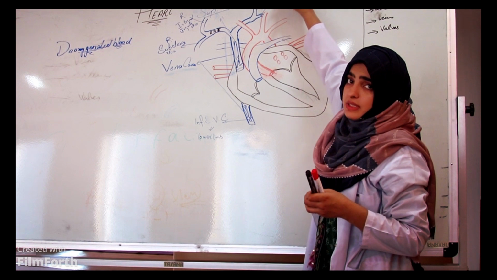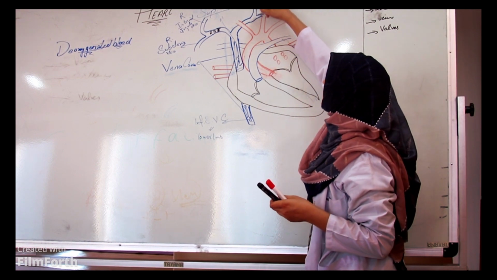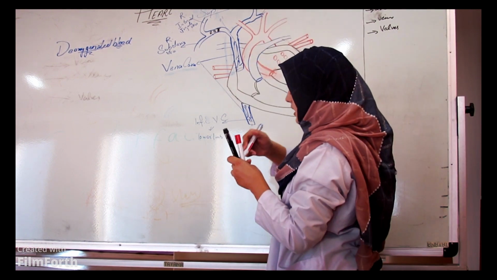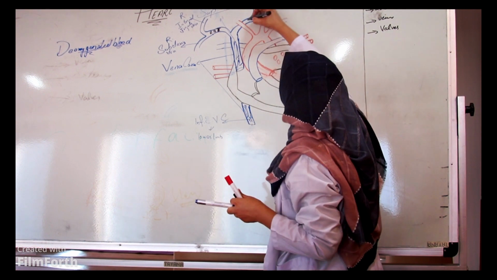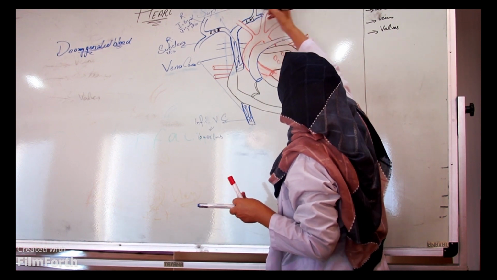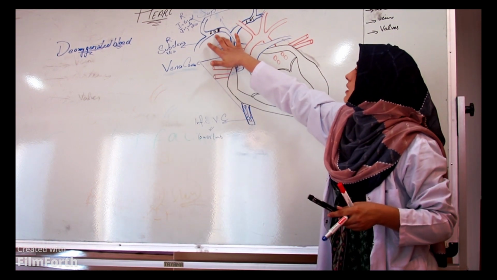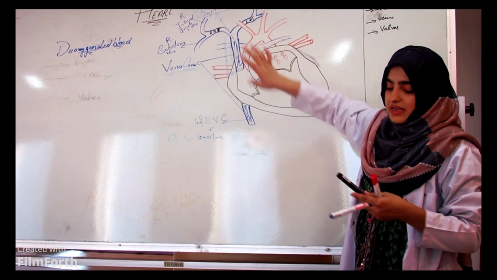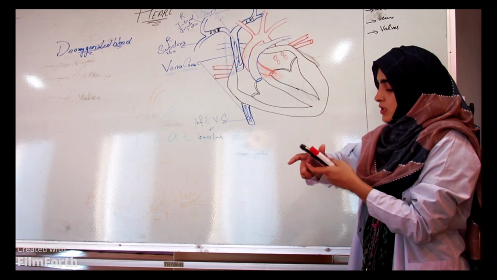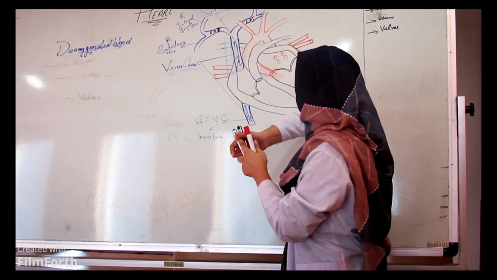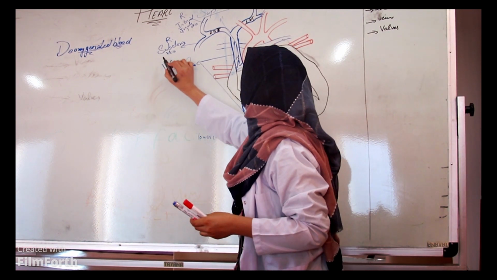These two veins from the left side combine and form a junction, and we get the left brachiocephalic trunk. These right and left brachiocephalic trunks combine to form the superior vena cava.